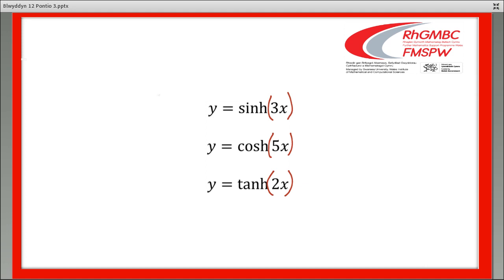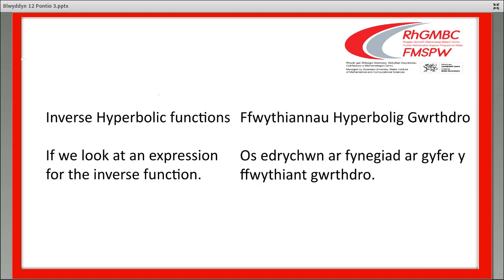Now, as with ordinary trig functions, where you can have inverse functions, we can also have inverse functions for the hyperbolic functions. So again, look at how we actually set this up.